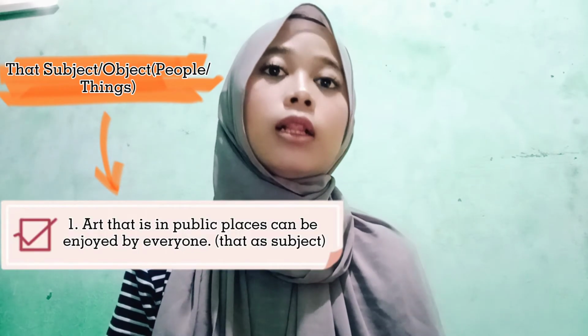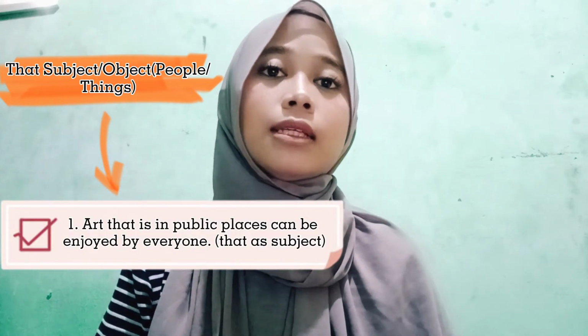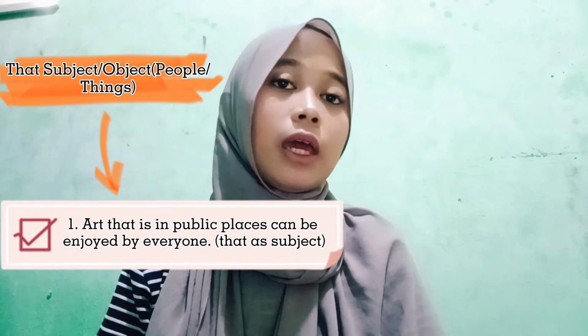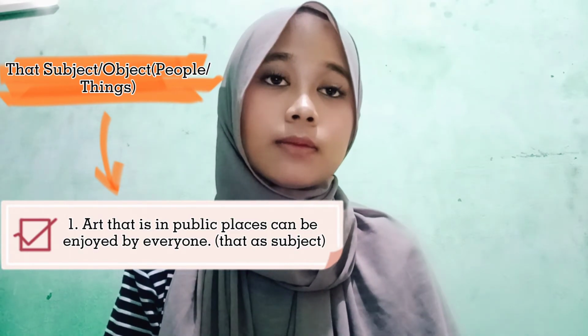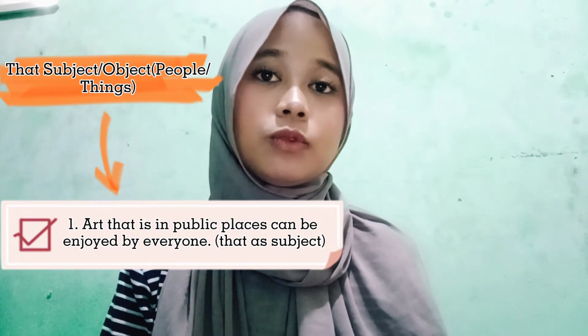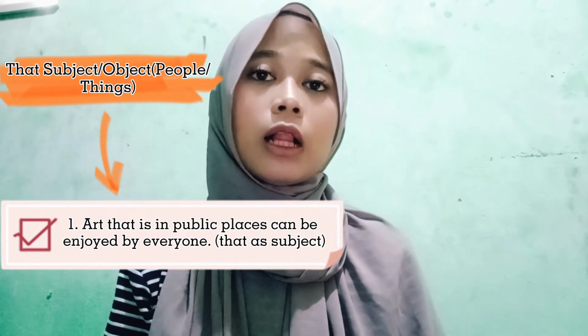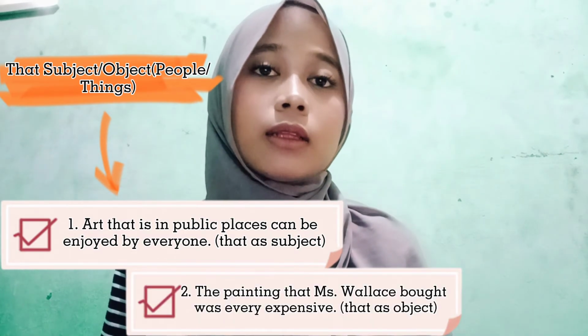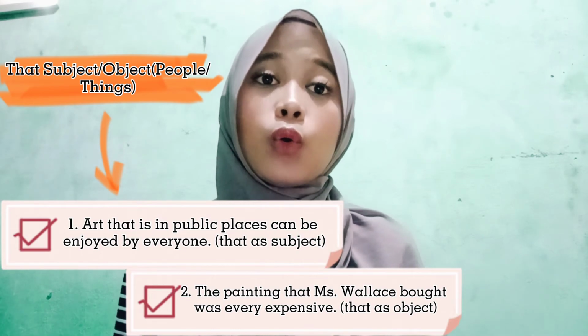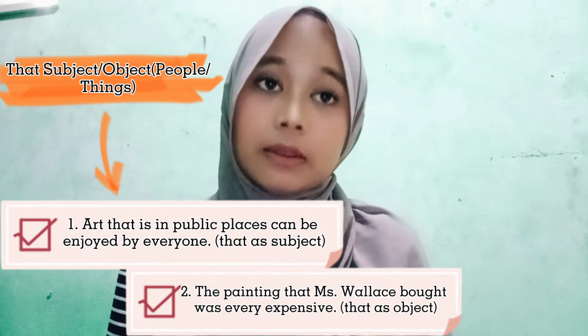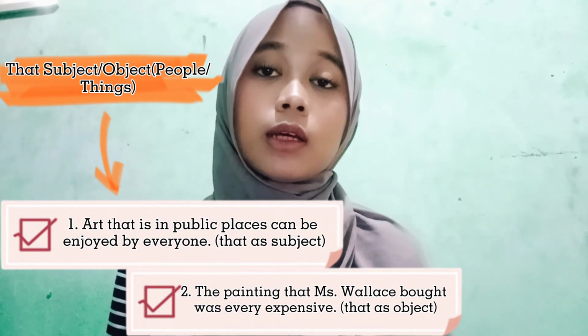And then that: subject or object, for people or things. Example, art that is in public reach can be enjoyed by everyone. That as subject. Example, the painting that Miss Village bought was very expensive. That as object.